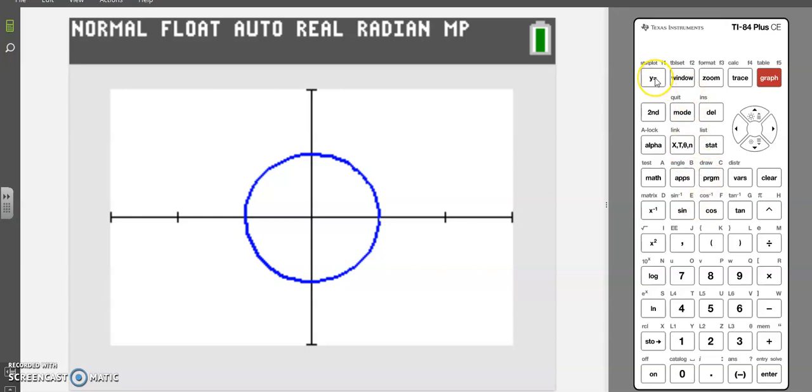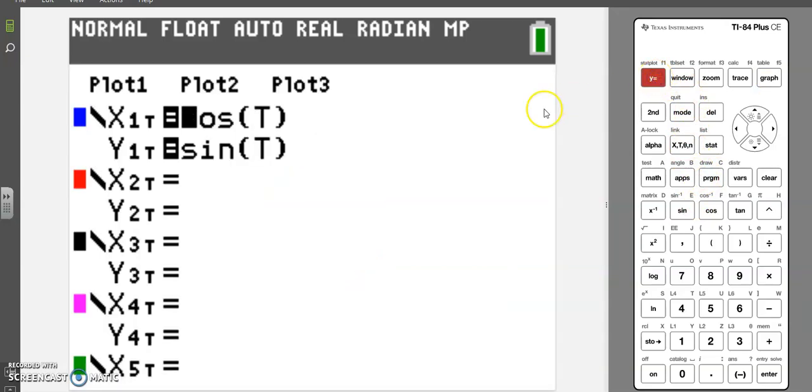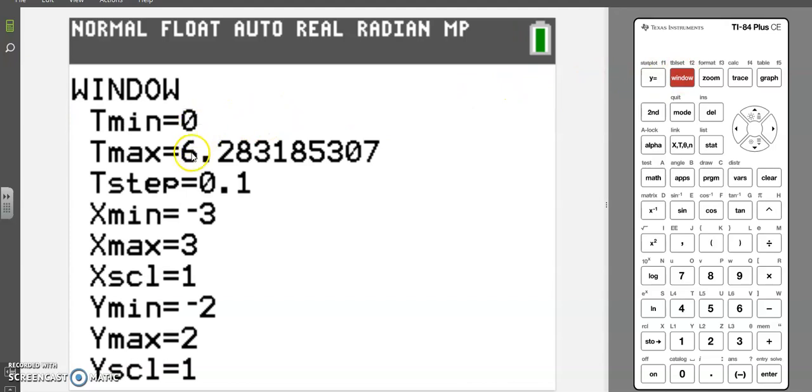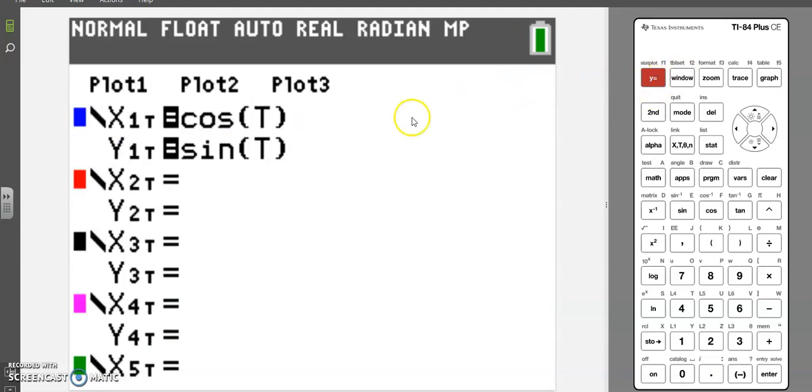Now, what happened here is, remember parametrics plot points. Because our t min was 0 and our t max was 6.28, which is 2 pi, it first plugged in a 0 for t, and it plotted the point with x coordinate the cosine of 0, which is 1.